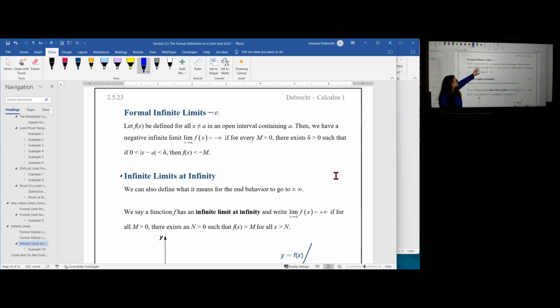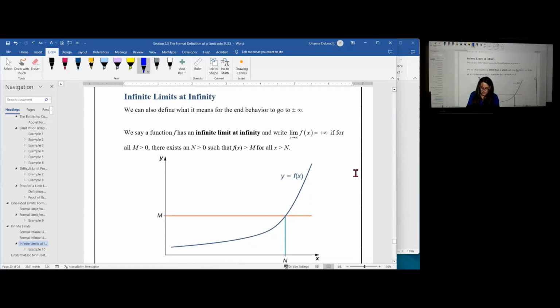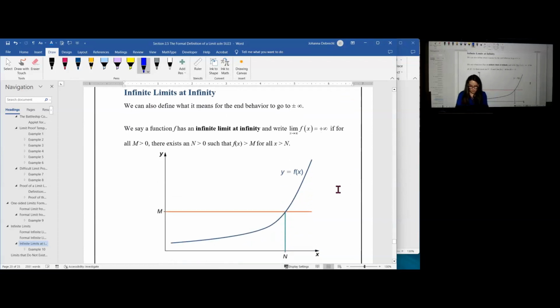Then we have a negative infinite limit, meaning the limit as x approaches A of f of x is negative infinity, if for every m greater than 0, same, there exists delta greater than 0, same, such that if 0 is less than the magnitude of x minus A less than delta, same, then my function value gets lower than negative m, right?